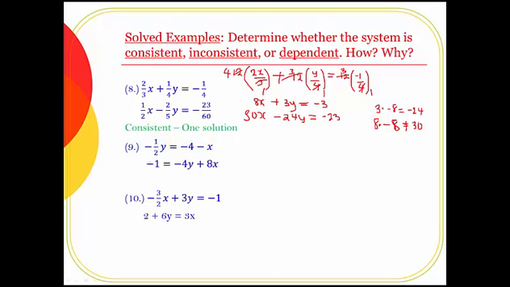Then if you come here, the LCD is 2. 2 divided by 2 is 1. So, bring this guy over here. This is x minus y over 2 equal to negative 4.